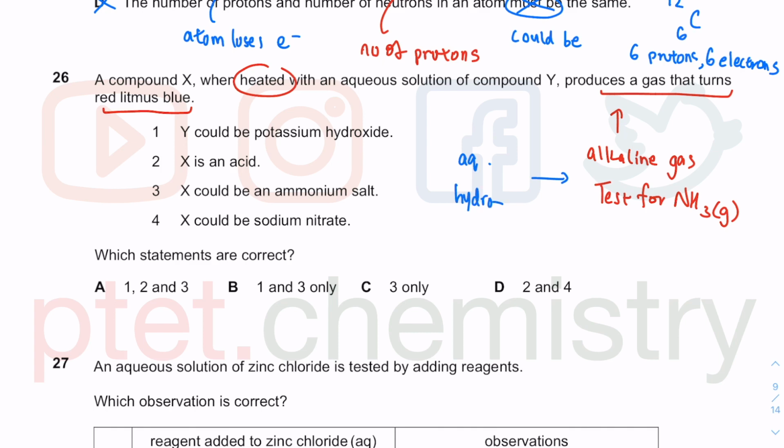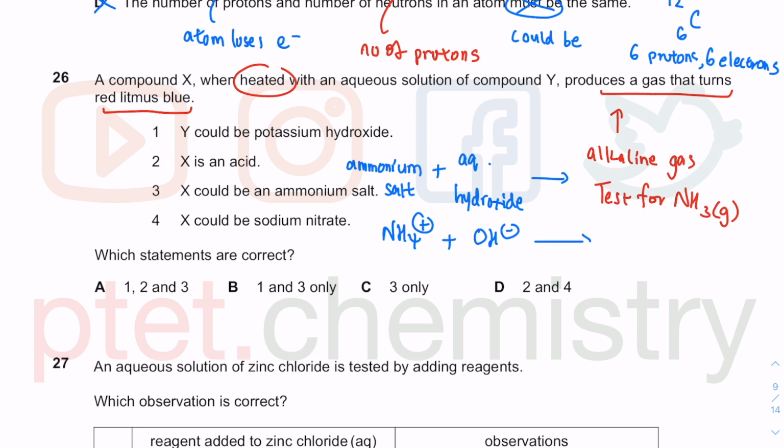You normally use sodium hydroxide, but this is your OH minus, and you must react it with an ammonium salt, so NH4 plus. Whatever has NH4 plus will react with anything that contains hydroxide. Okay, this is your 5th general equation in year 9. Ammonium salt plus any metal hydroxide gives you metal salt, ammonia, and also water.